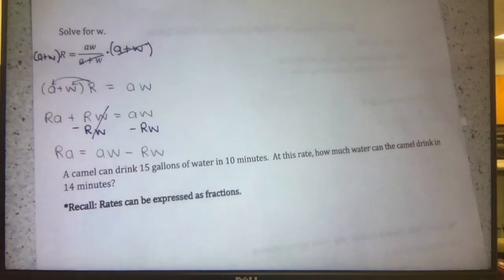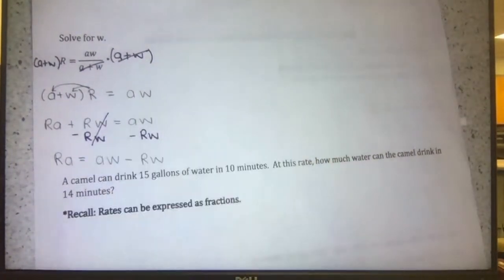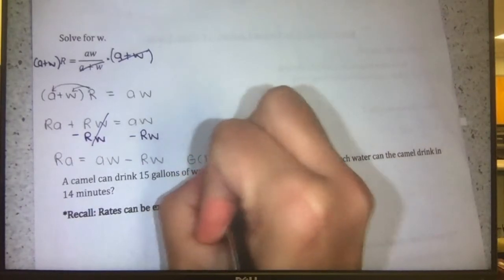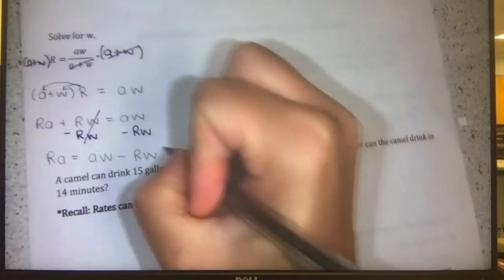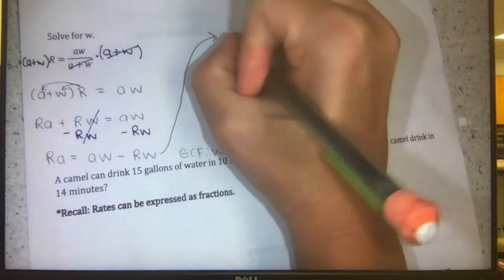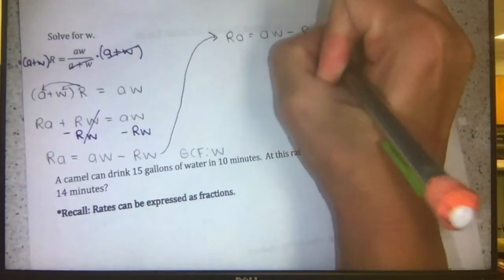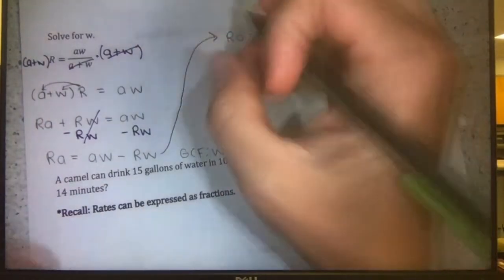Now looking at this, both terms have a W, so it's kind of like a GCF. So we can factor out that GCF of W. If we have RA equals AW minus RW, they both have a W that I could factor out.